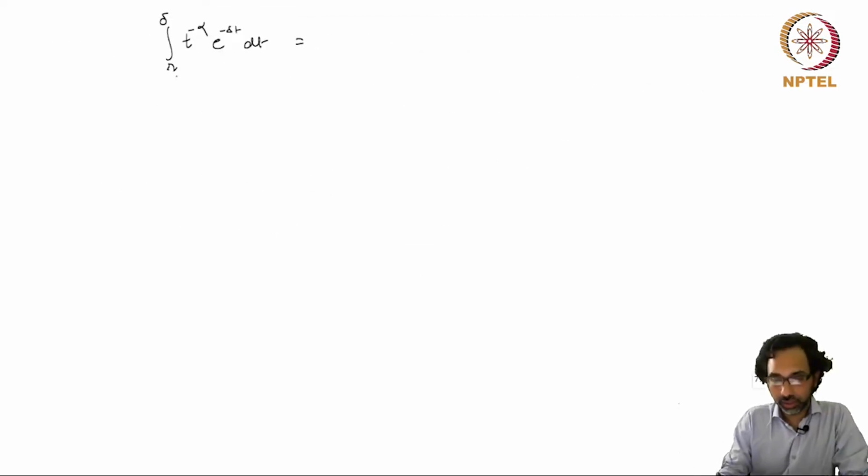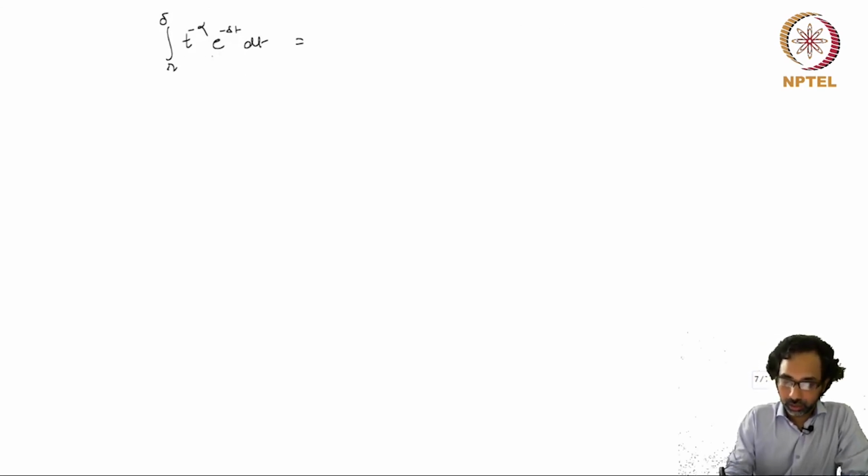Now let us try to evaluate this integral from r to delta of t to the power minus alpha e to the power minus st. Here I will take u to be e to the power minus st and v to be t to the power minus alpha for an integration by parts formula.